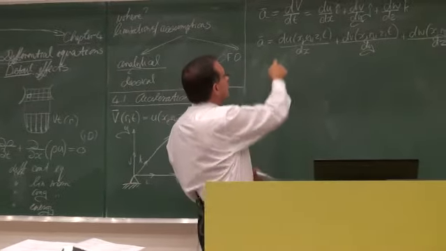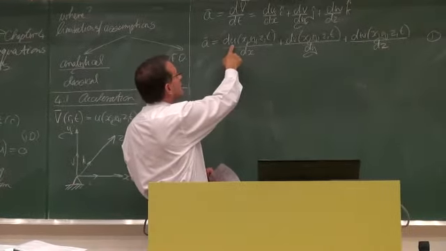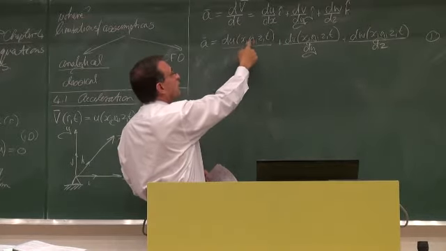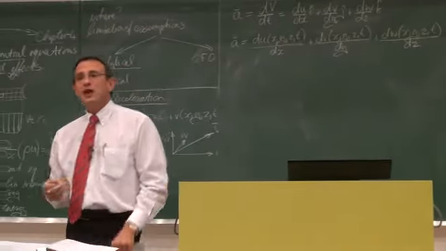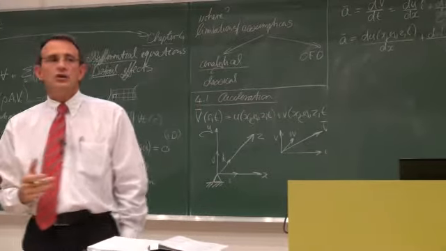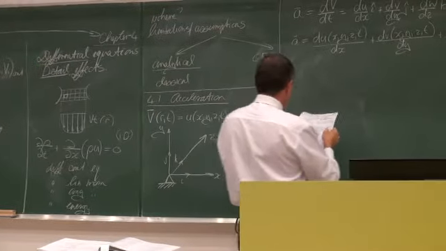Because the velocity component is a function of x, y, z, and t, we have to use the chain rule to get the acceleration.